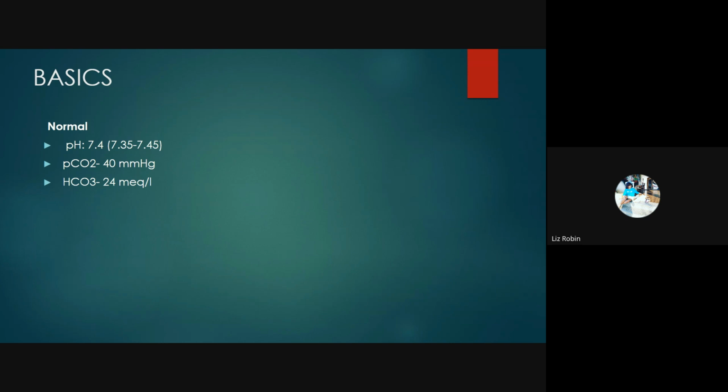Basically, it's the dissolved carbon dioxide present in your blood. The normal is 40 millimeter mercury. And the next thing is bicarb, which is 24 milliequivalents per liter. We'll be dealing with these three values in the entire session. So these are the normal values. Please keep this in mind, because we'll be getting back to these values over and over again during the entire session.